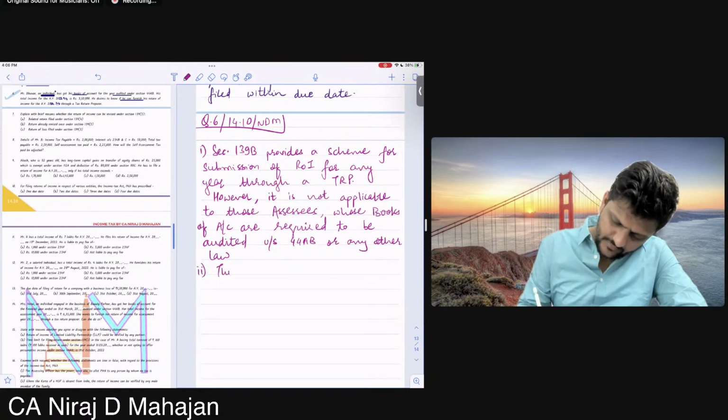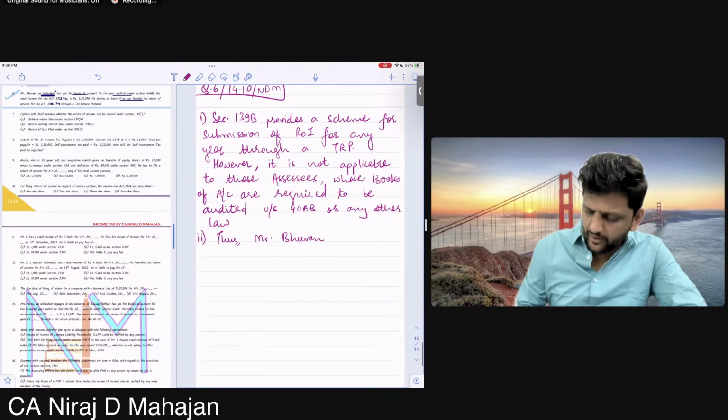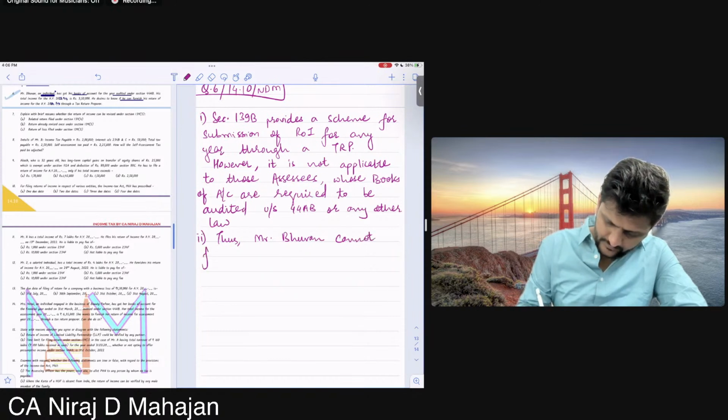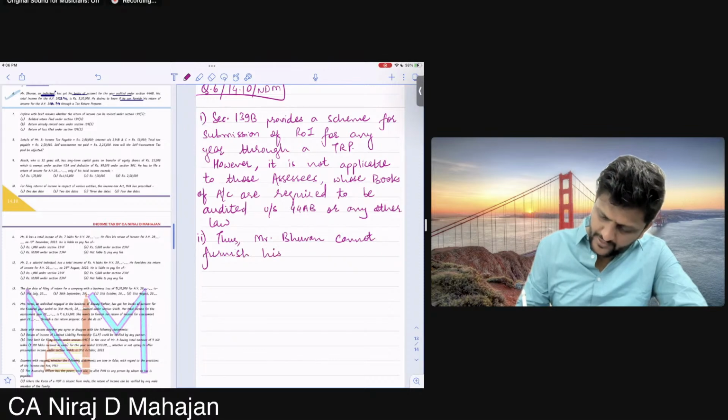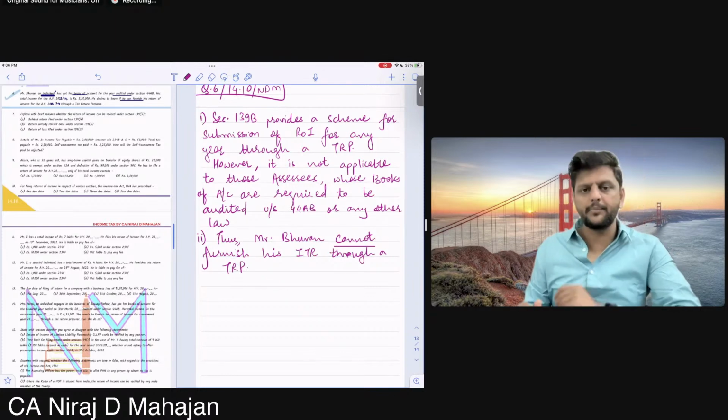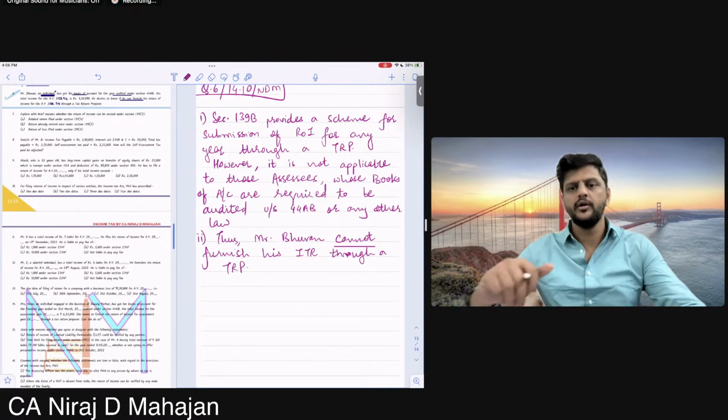Thus, Mr. Bhuvan cannot furnish his income tax return through a TRP. He cannot. If audit is applicable, those cases cannot be filed through TRP.